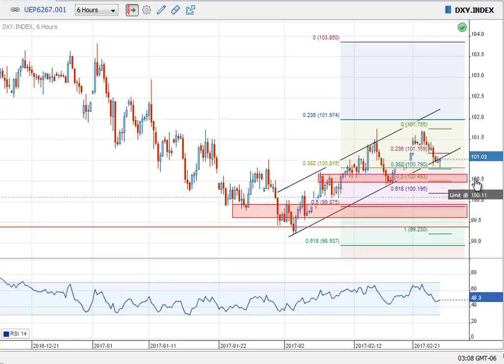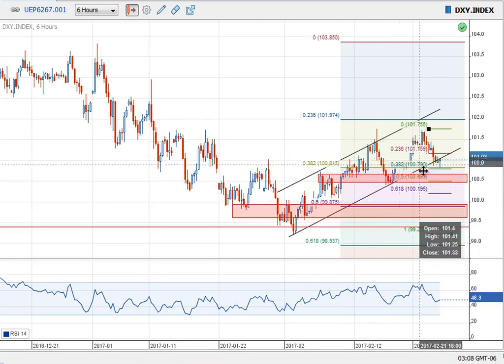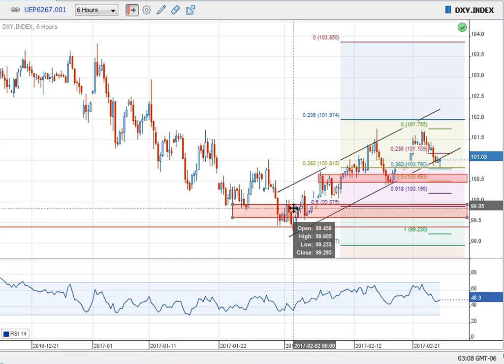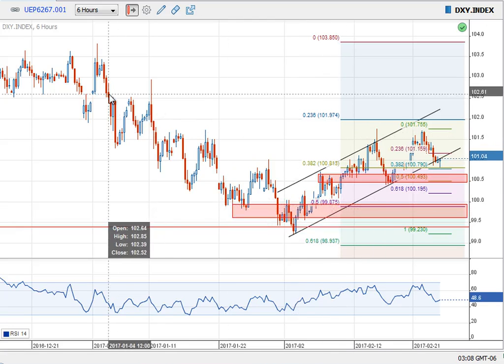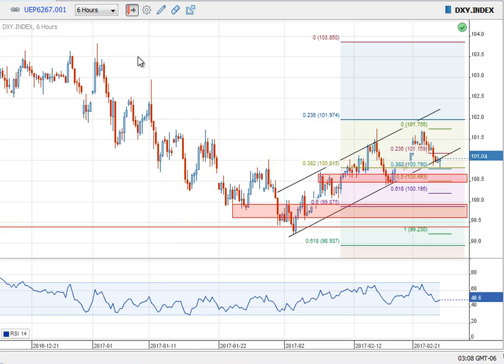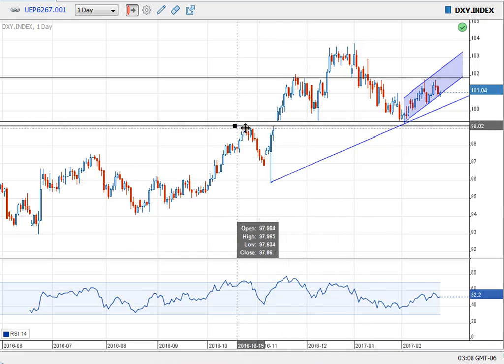So basically we're looking at the 100.5 level for a retest of the previous base, and the first target of the break of the flag at around the 100.9978 or 99.75 level at the 50% of the entire move up. But basically what we are really looking for is a retest of this massive area of support.